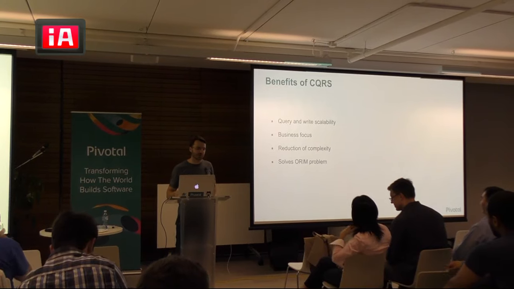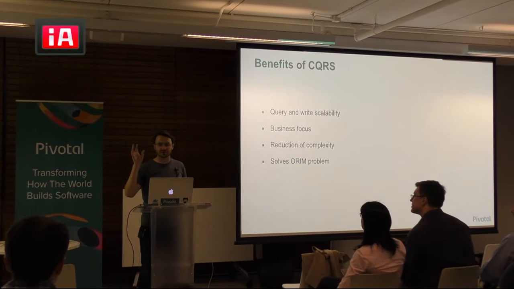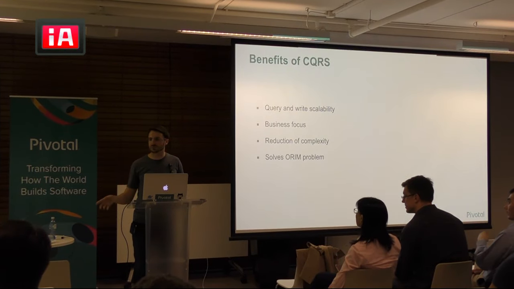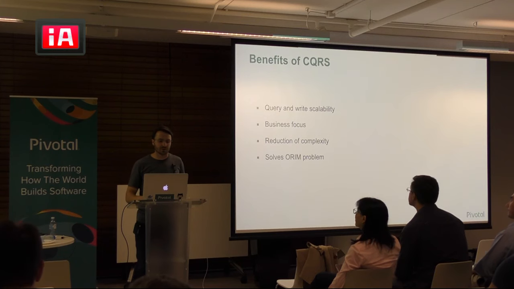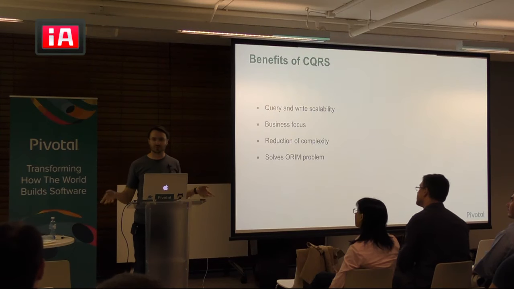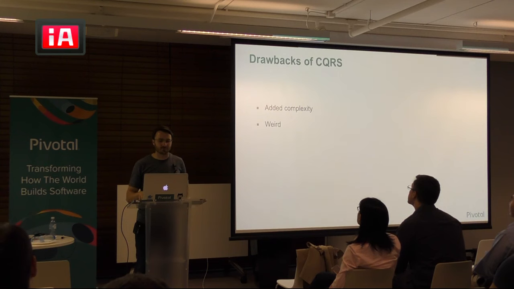So if you have a single database, you optimize the database for writes, but then you need to get the data out. You reduce complexity because now you have more flexibility in the way you design your domain model. Drawbacks, zero.